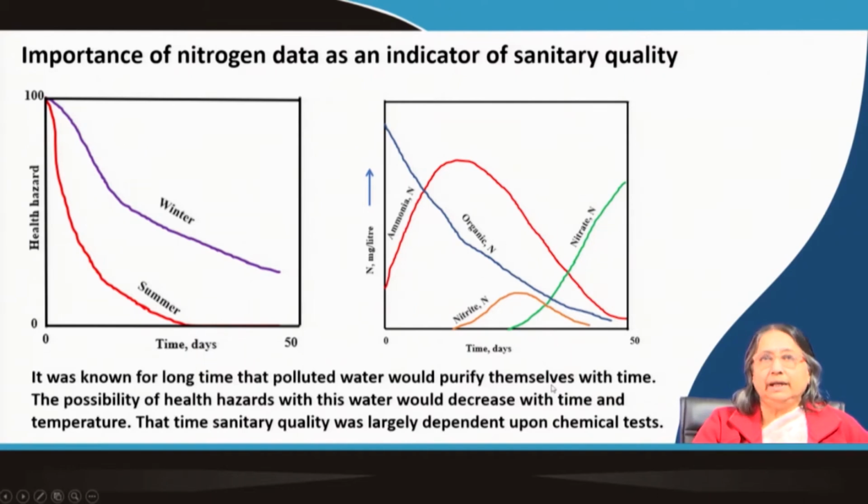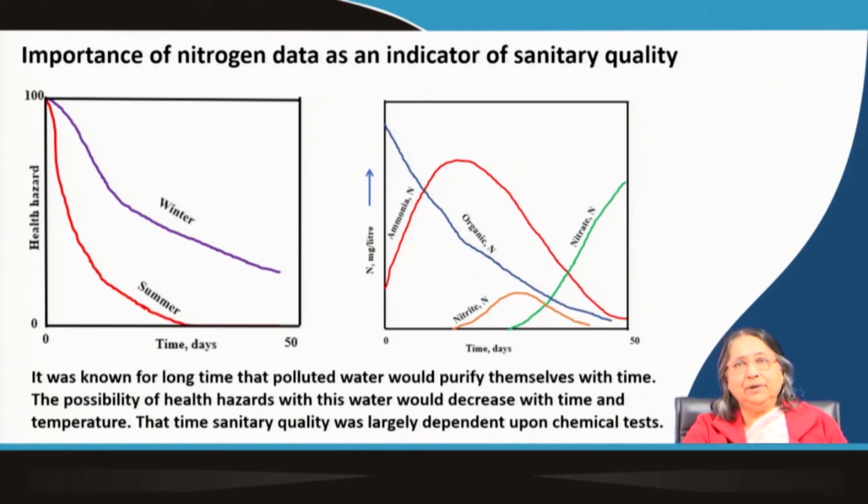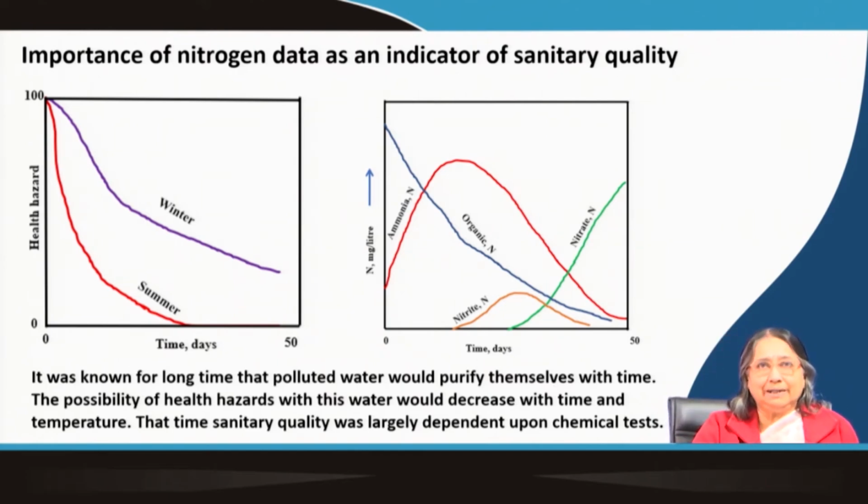So, if you spend enough time, and this is of course the natural pollution, say for example, you put some biodegradable organic matter in some natural environment, then what will happen? Naturally it will be purified with time. The possibility of health hazard with this water would decrease with time.